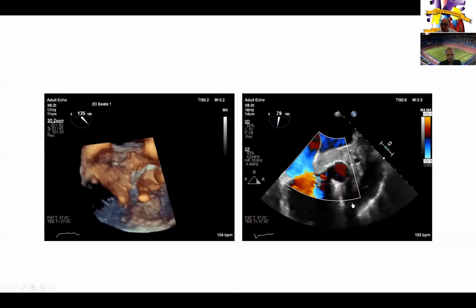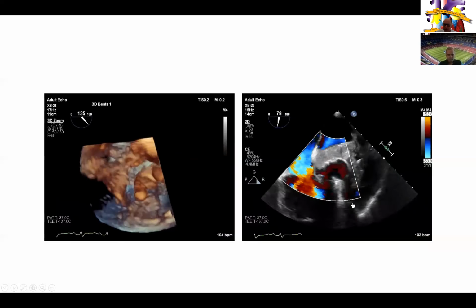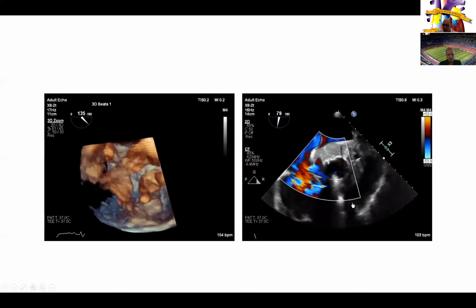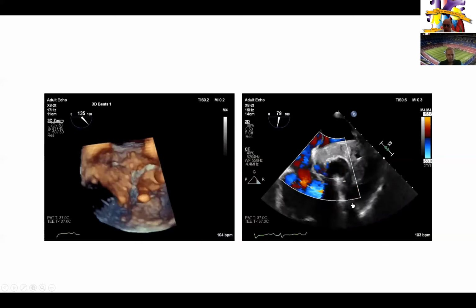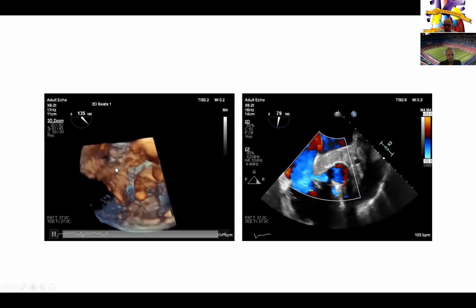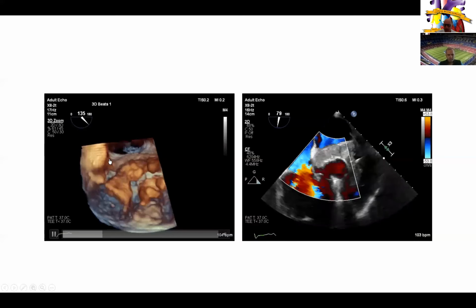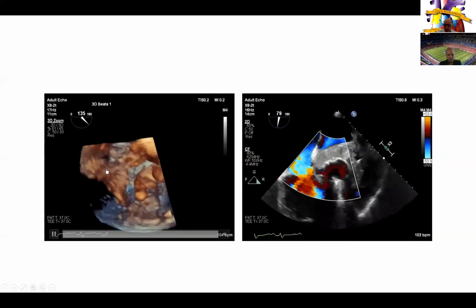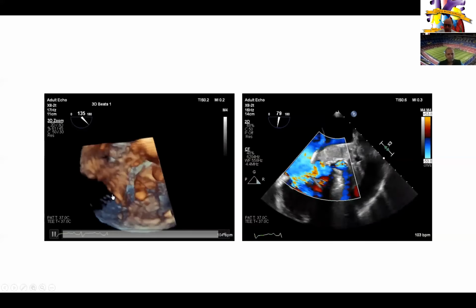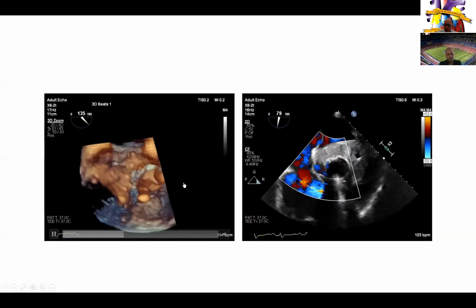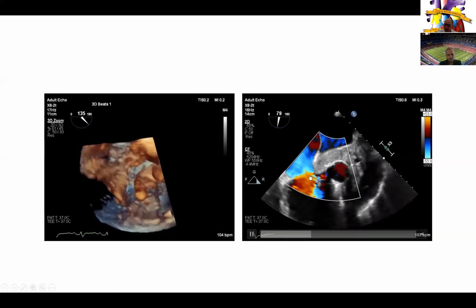So here again, our attempt at getting a 3D image of that defect, where you can see it right here, like on the left-hand side, you can see visually a defect connecting the LVOT into the right atrium, and again tracked here by color.